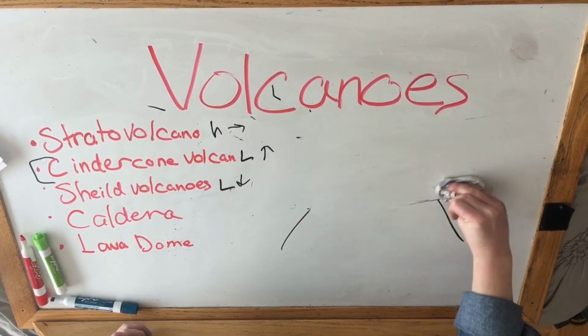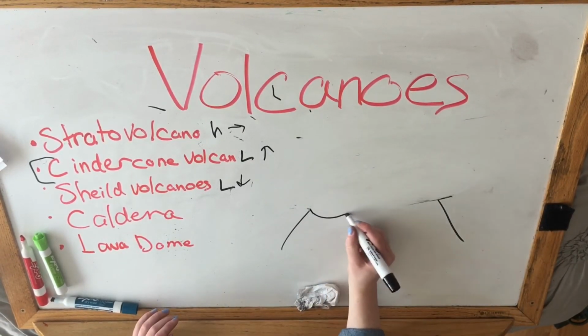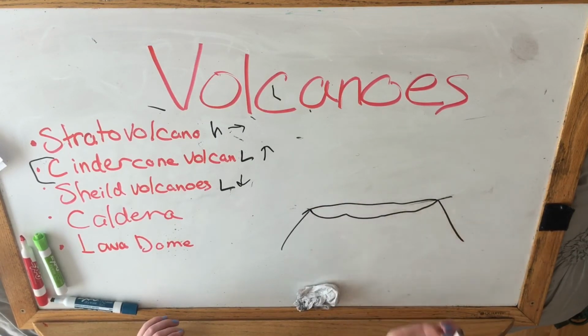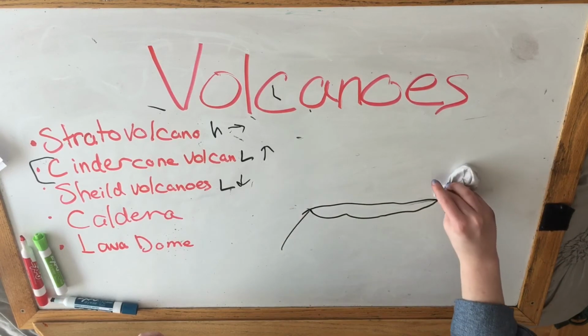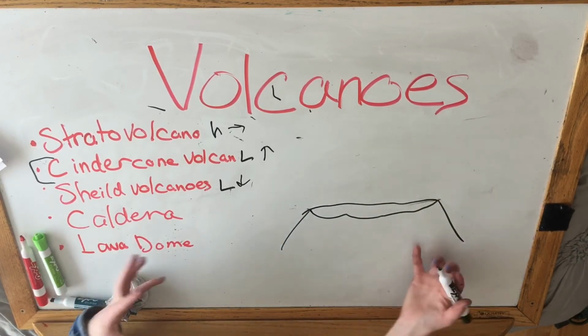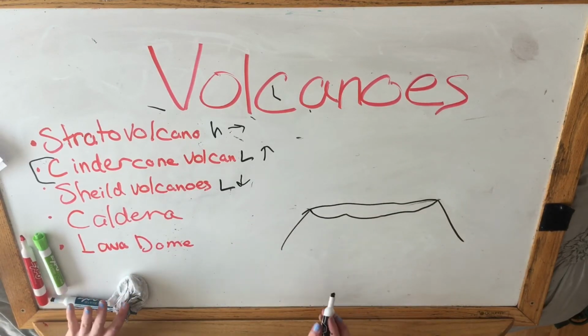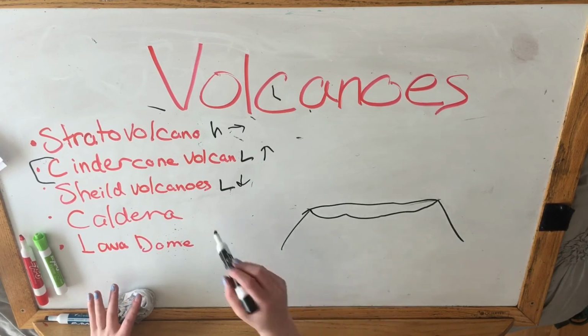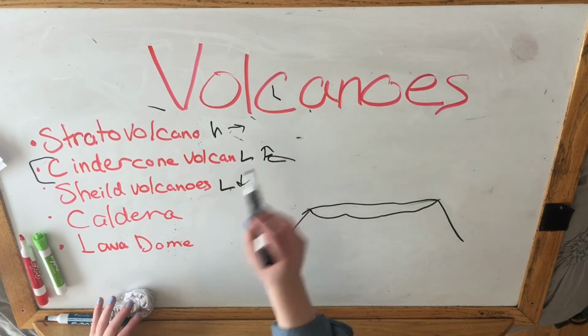So now you have this right here, and you have a caldera, like that. A caldera is a large bowl-shaped volcanic depression, and it's the space left after magma has ejected during an eruption, such as the eruption of a cinder cone.